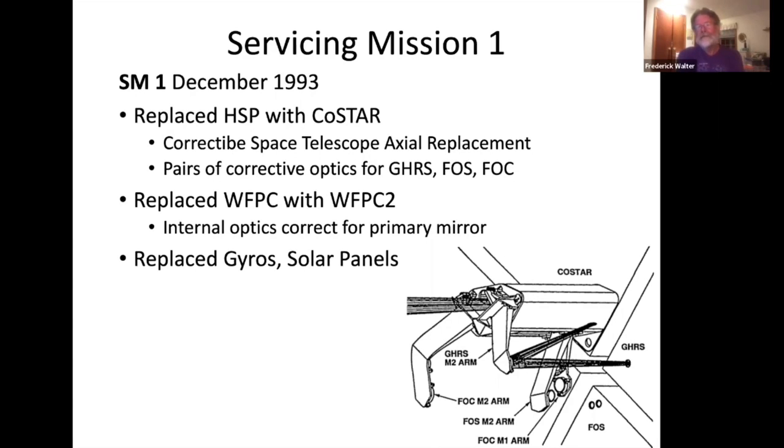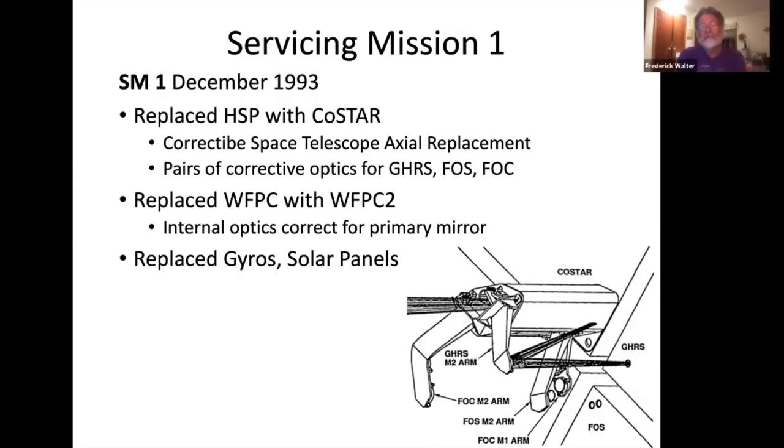The light coming into the telescope would bounce off one mirror, down to another mirror up here, and those 2 mirrors would defocus the light in just such a way that by the time the light went down into the aperture and hit the instrument, it would look like the Hubble was in perfect focus.